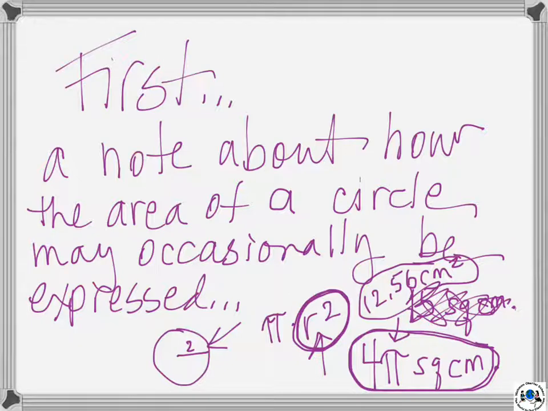So don't let that confuse you. It's not a super secret, super complex way to show the area of a circle. They're actually just leaving out a step. They're not actually doing the multiplication of pi times the radius squared. Okay, just wanted to clear that up.